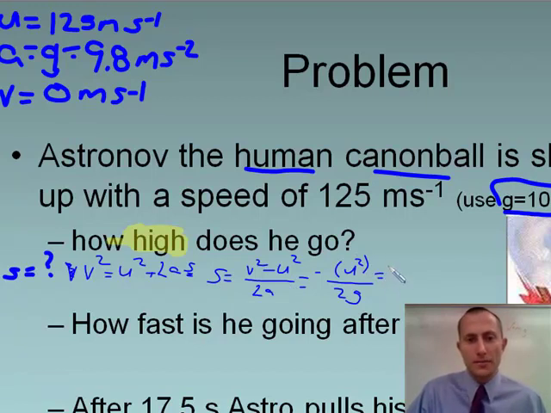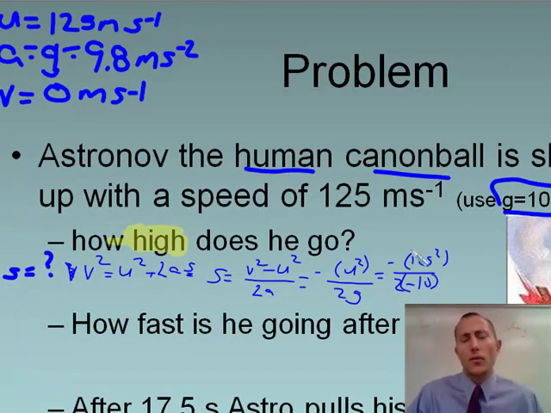So we're going to plug this in, and we get negative 125 squared over 2 times negative 10. And notice the negative signs here. And what that's going to do for us is they'll cancel out. That'll give us a displacement that's positive, which tells us it's in the opposite direction of the acceleration. And so 125 squared divided by essentially 20 here is going to give us 781 roughly.